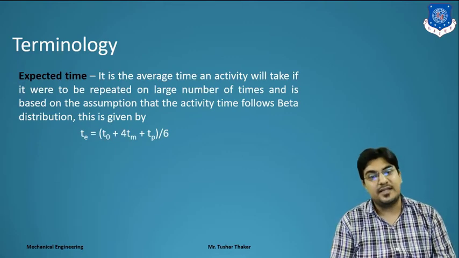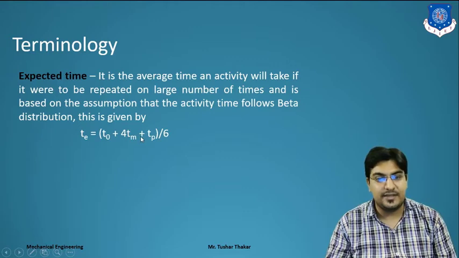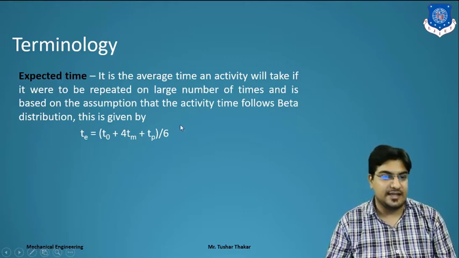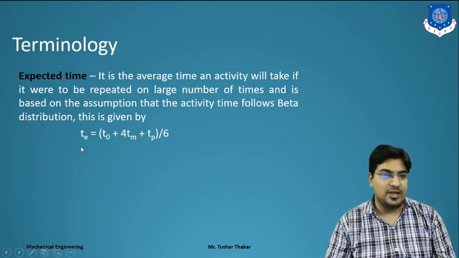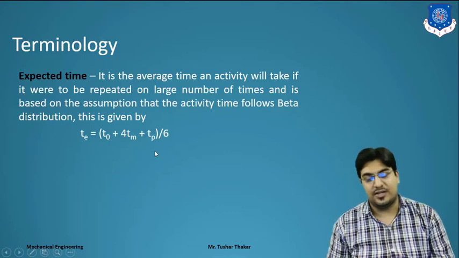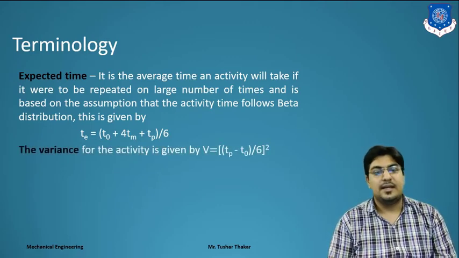TE, the estimated time, is TO plus 4Tm plus TP divided by 6. That is the equation of expected time. Clear? So we will use this equation for calculation in numericals.